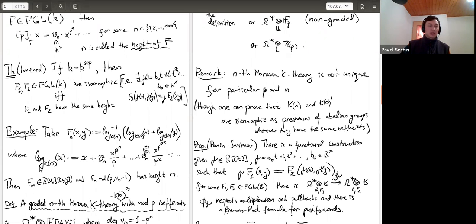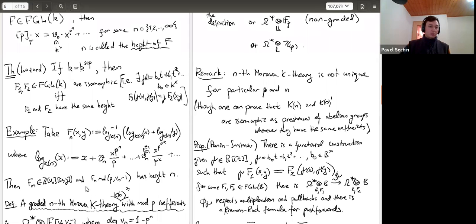There is a power series called the logarithm, but if you don't know what it means, you can just look at this expression here. If you look at a power series of the form written here, then it turns out that this power series is actually defined over Z with coefficients in this variable v_n.